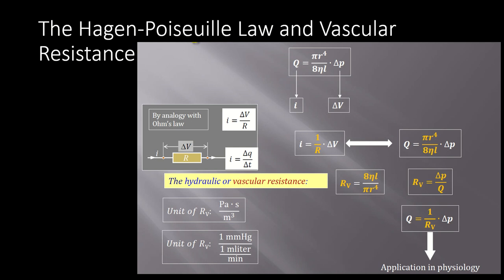Essentially, Q equals pi r to the fourth over 8 eta L times delta P. Our volume flow rate Q is similar to our current in our electrical system, and our change in pressure is similar or analogous to our change in voltage. Therefore, this term right here, pi r to the fourth over 8 eta L, is similar to the inverse of our resistor in our circuit.